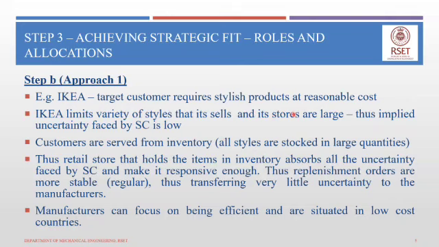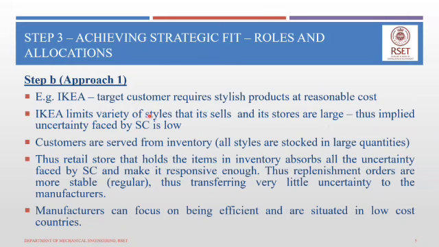Since its stores are large and they only sell a limited variety of styles of furniture, Ikea is facing attributes of demand that are synonymous with a condition of low implied uncertainty.